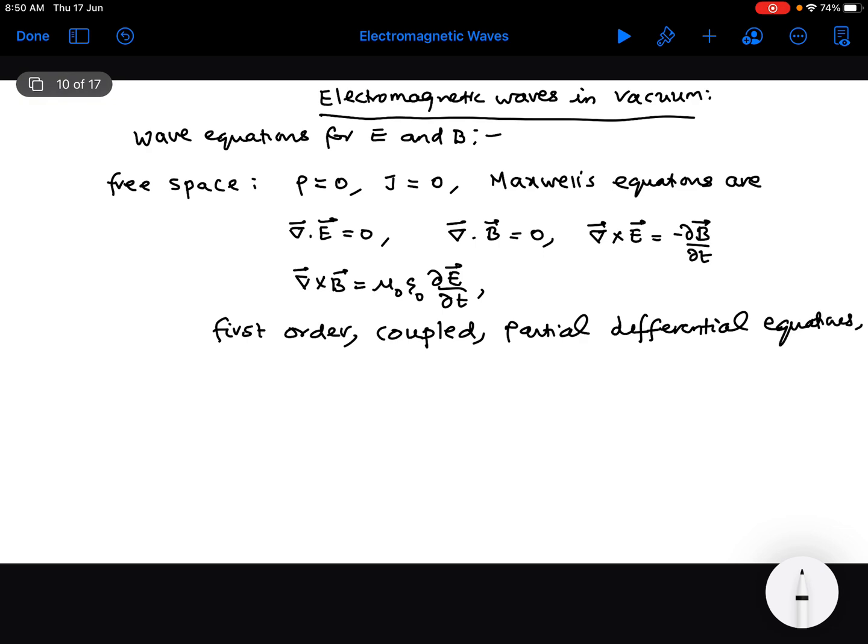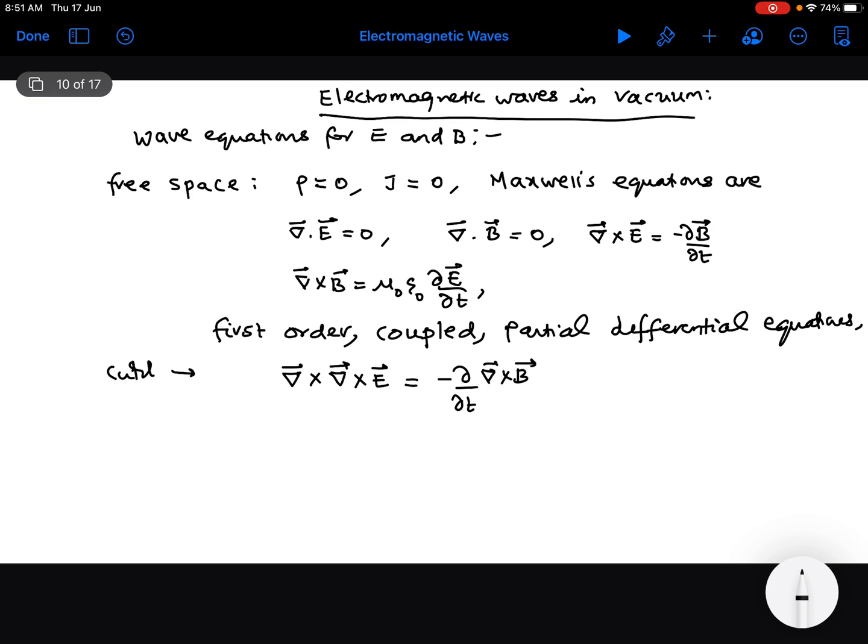We can decouple them by applying curl on, let's say, Faraday's law and Ampere's law. First we apply curl on both sides of Faraday's law. So del cross del cross E bar is equal to minus dou by dou t of del cross B bar.